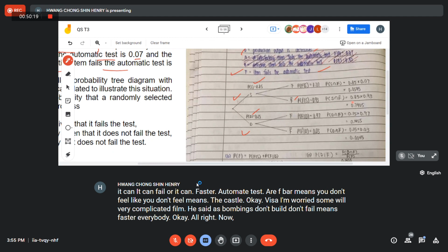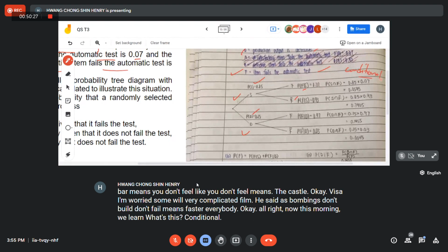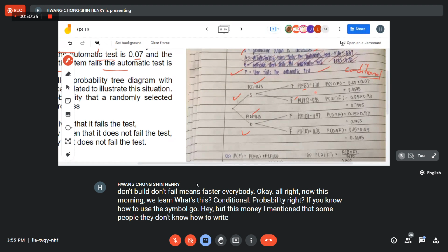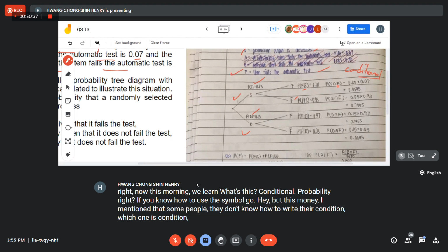All right, now, this morning we learned, what is this? Conditional probability, right? If you know how to use the symbol, go ahead. But this morning I mentioned that some people don't know how to write the condition, which one is the condition, which one is the fail or not fail.